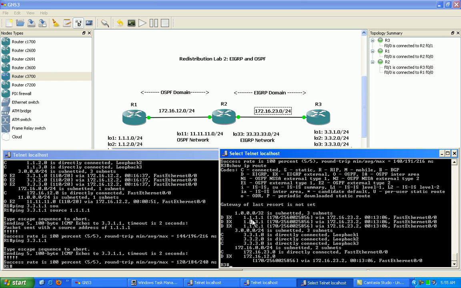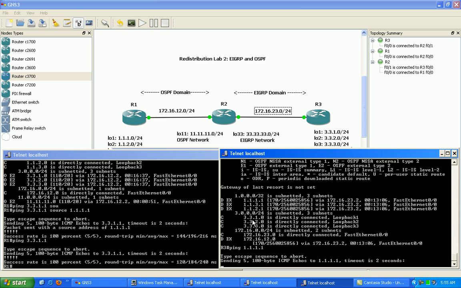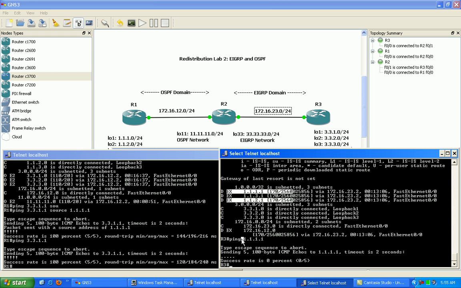However, if I go to router 3, let's take a look here. Now this is very interesting. Why can't I ping, even though I can see here in my database these external routes learned via EIGRP, why can't I ping the 1 network now?